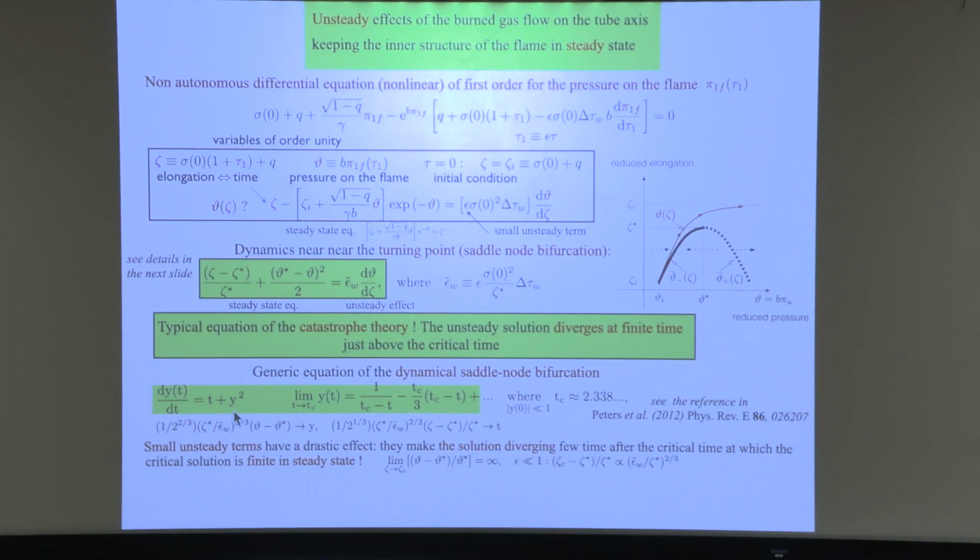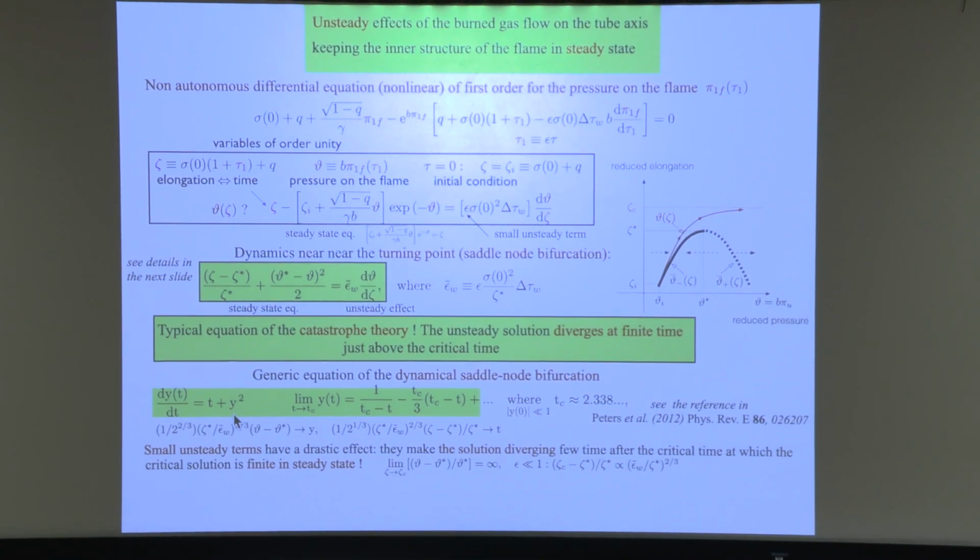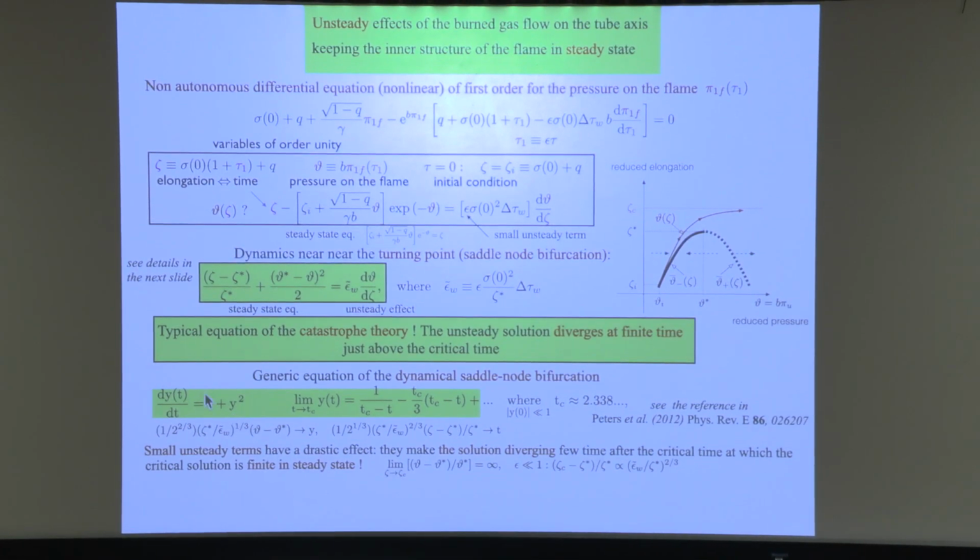As I told you, sometimes this equation is called in different ways, but when you neglect t, this equation is well known and can be integrated easily, as I showed to you. Forget about the t for the moment.